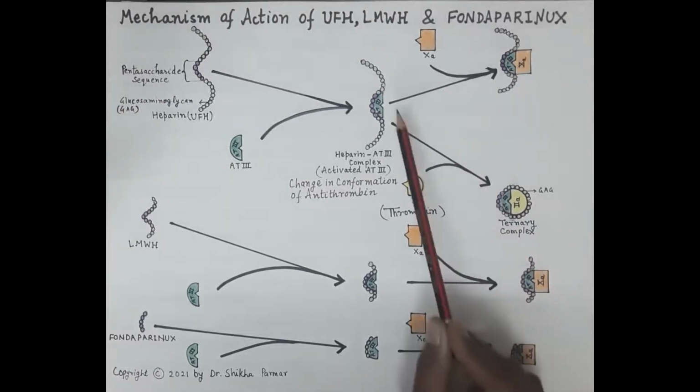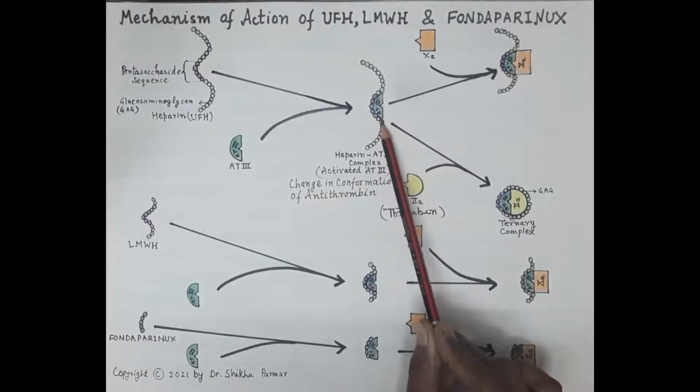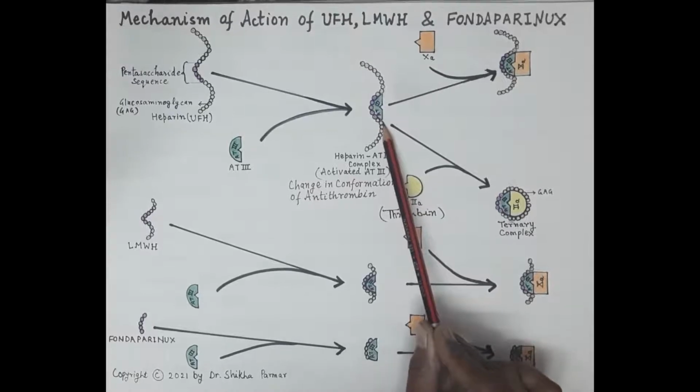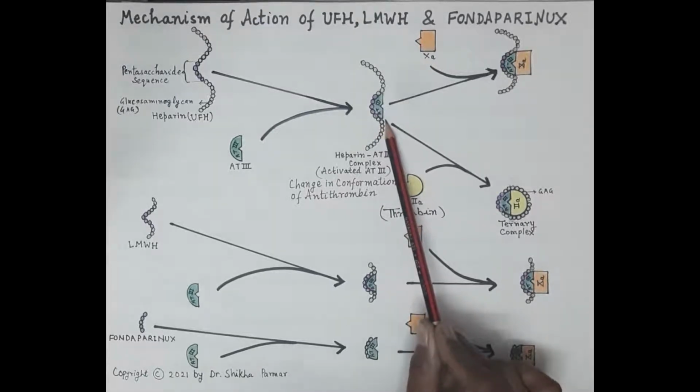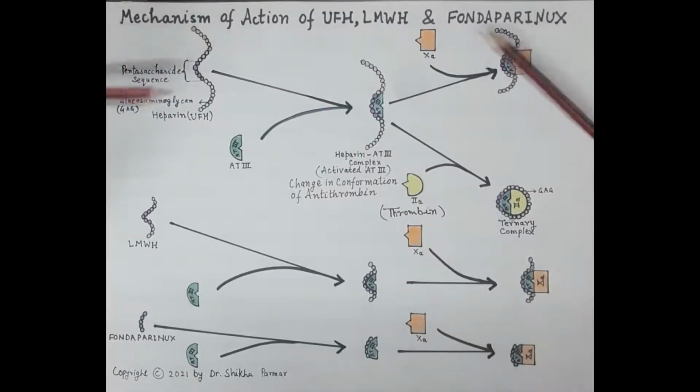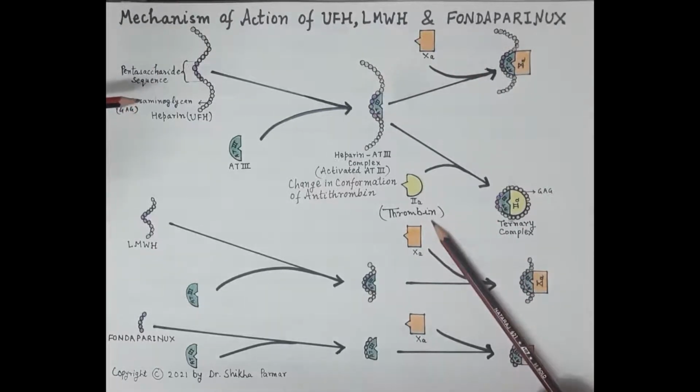It is the pentasaccharide sequence which binds to antithrombin 3, activates it and induces a conformational change in antithrombin 3. This conformational change enhances the ability of antithrombin 3 to bind with the clotting factors, namely clotting factor 10A and clotting factor thrombin.